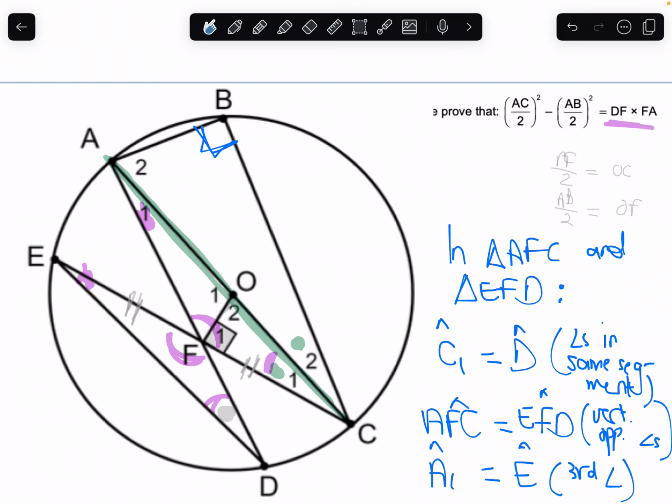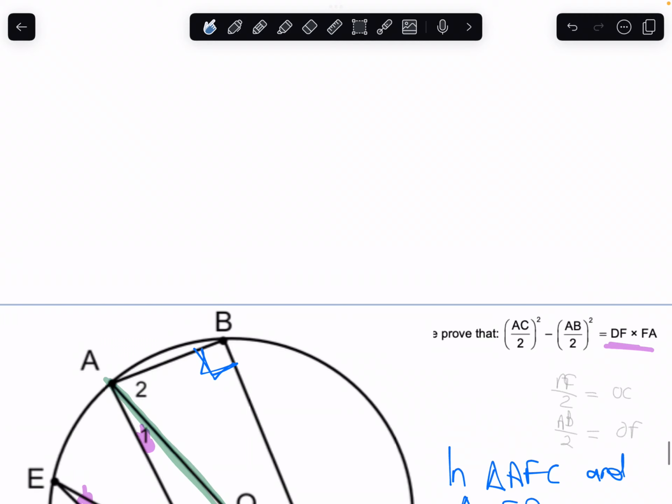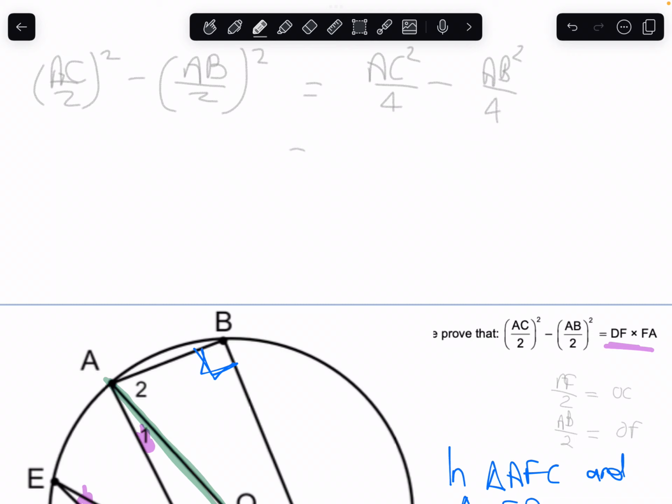Okay, so an interesting approach that they take is they just simplify this expression first, right? So what they do is they say, well, AC over 2 squared minus AB over 2 squared is equal to AC squared over 4 minus AB squared over 4, which is the same as AC squared minus AB squared, over 4.